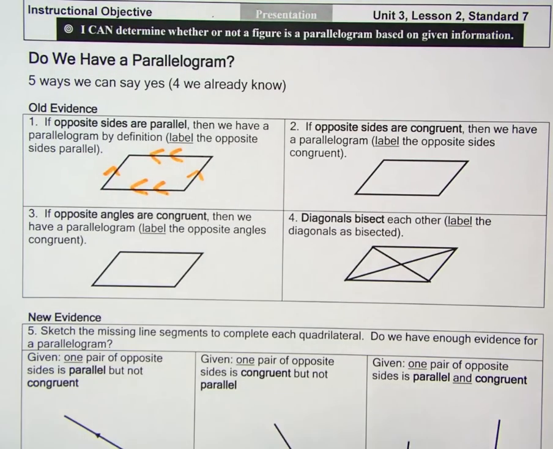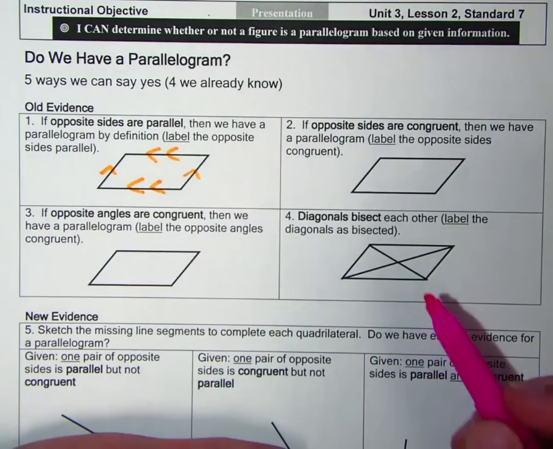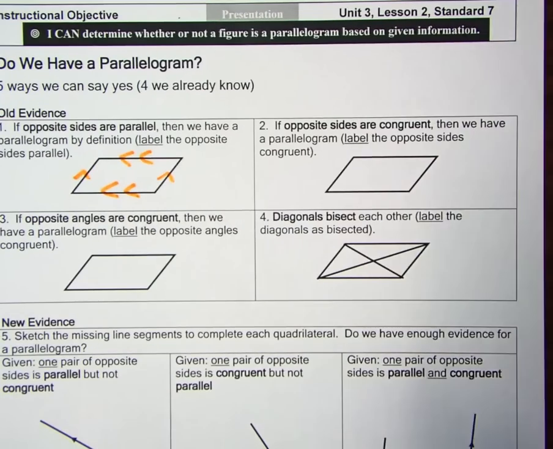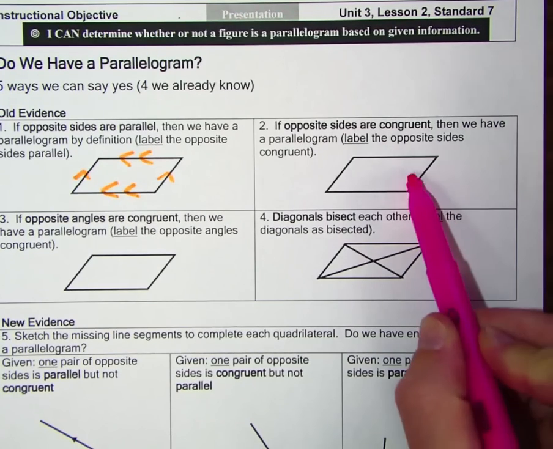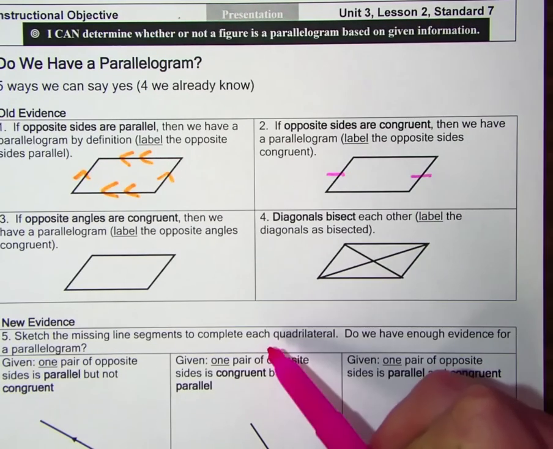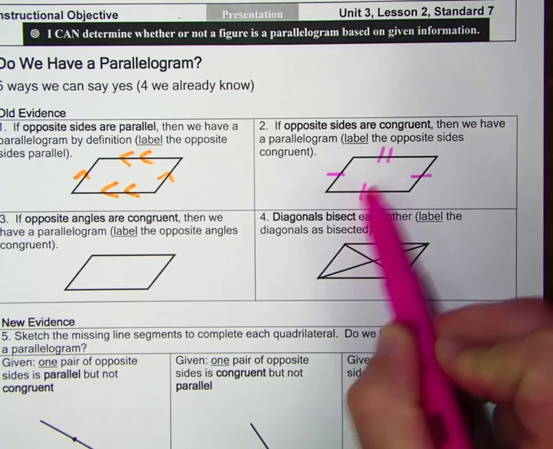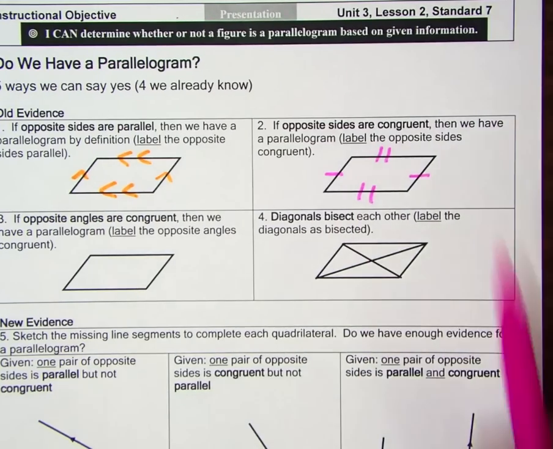Another way you can tell is if opposite sides are congruent. So, for example, if this side and this side, which are opposites, are congruent, and this side, the only way that these can fit together is to make a parallelogram. So we know those properties, those rules from yesterday.